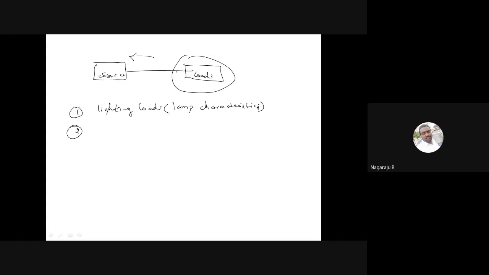In case of the power loads, induction motors are connected, and when sudden changes of the loads are there, it affects the voltage profile.